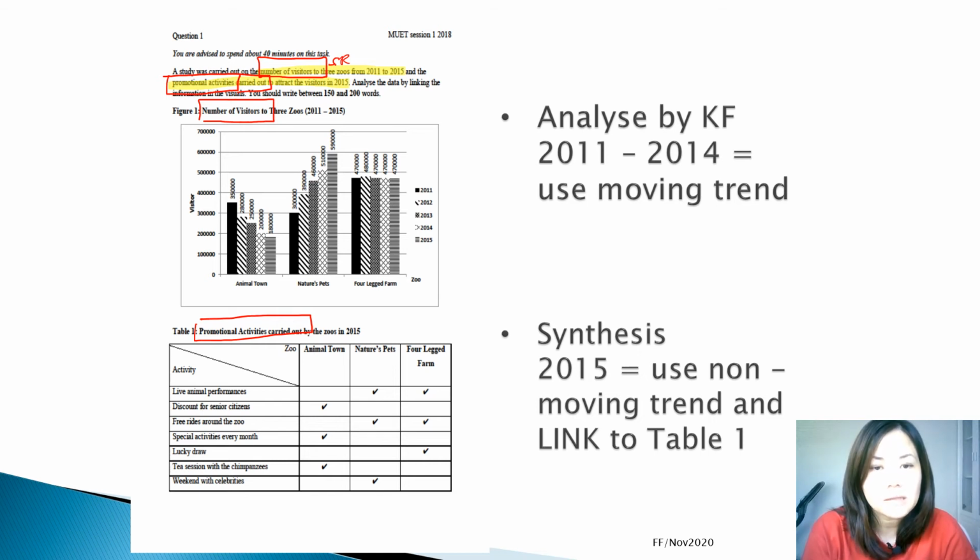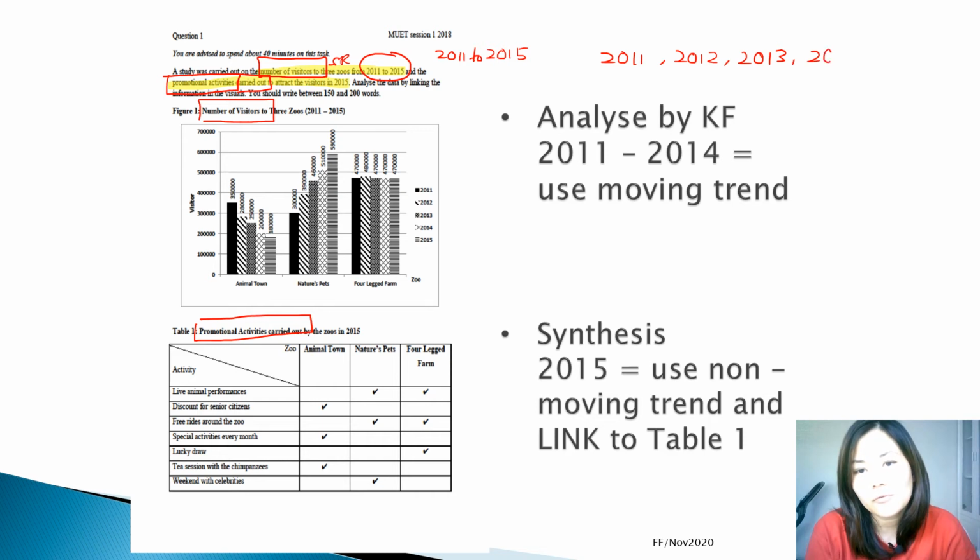Now, another thing that I need you to take note of is the year. For figure 1, they tell you a period of 2011 to 2015. So it means we have information from 2011, 2012, 2013, 14, and then only 2015.